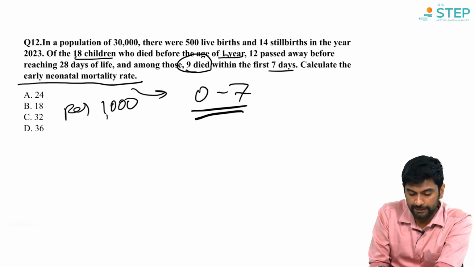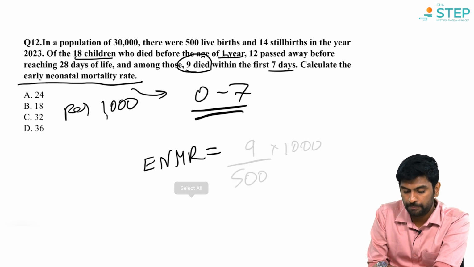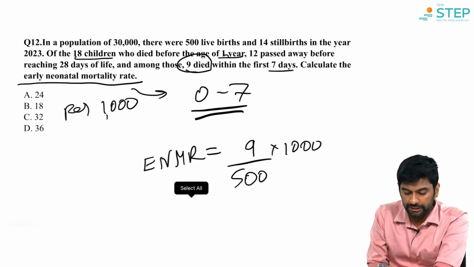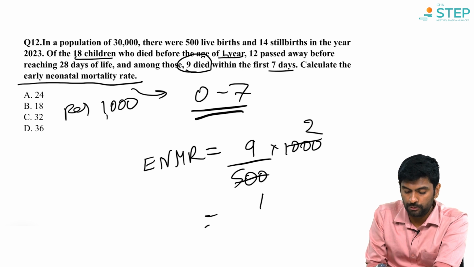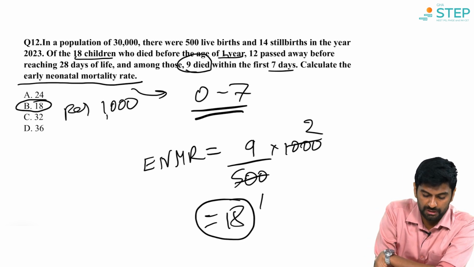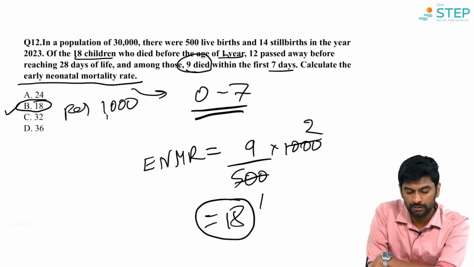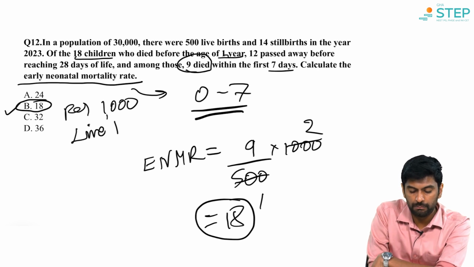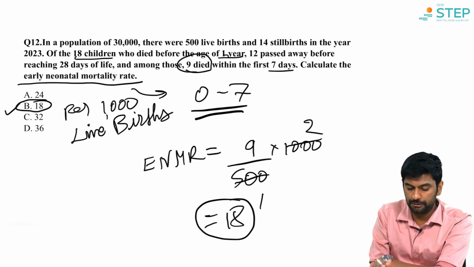So the early neonatal mortality rate is given by 9 divided by 500 into 1000. So, this is into 2, so we would get it as 18. The correct option here would be option B, which is 18 per 1000 live births. That is the correct answer here.